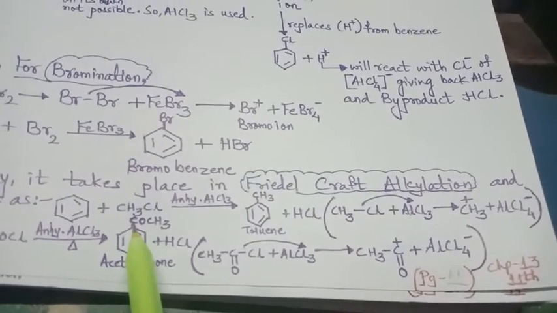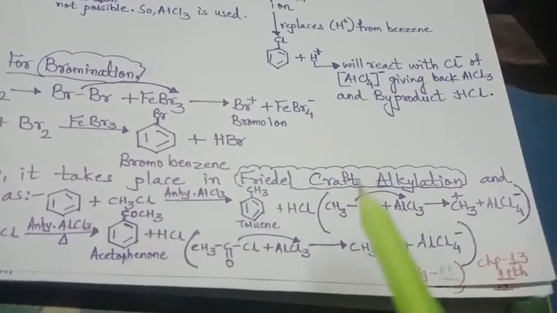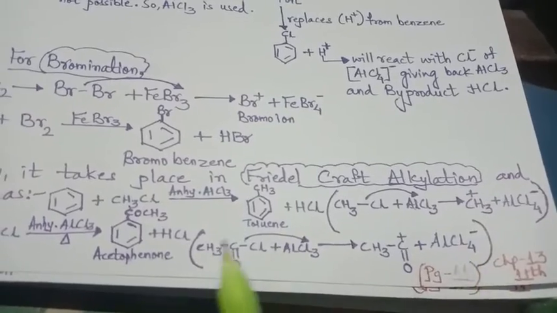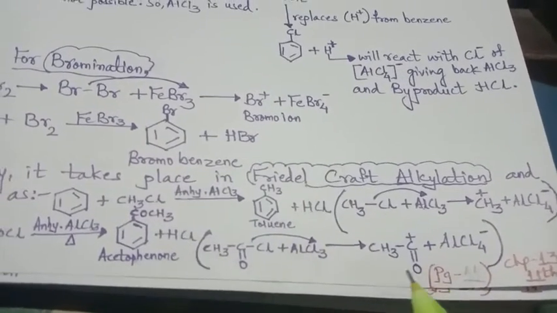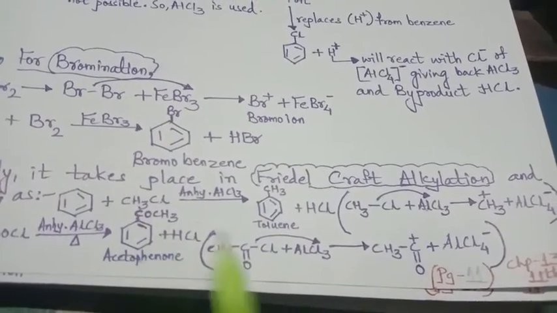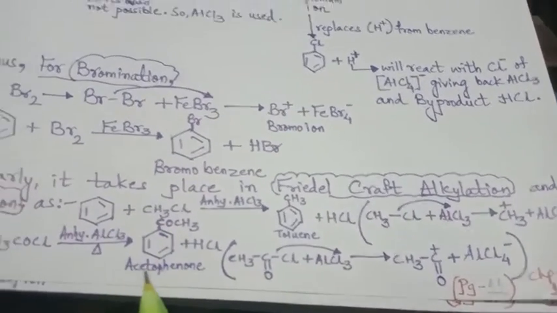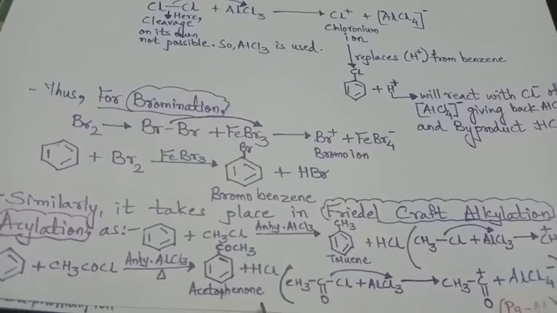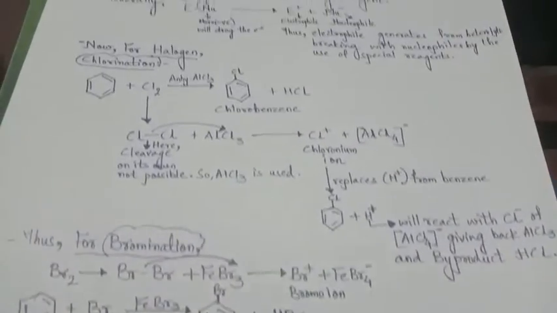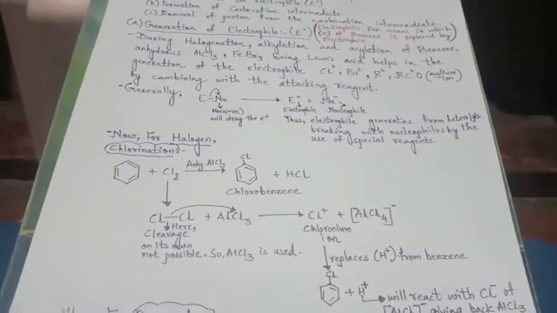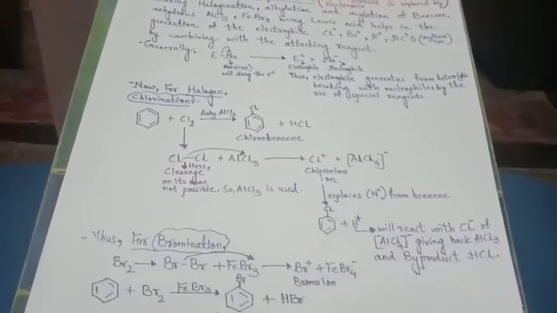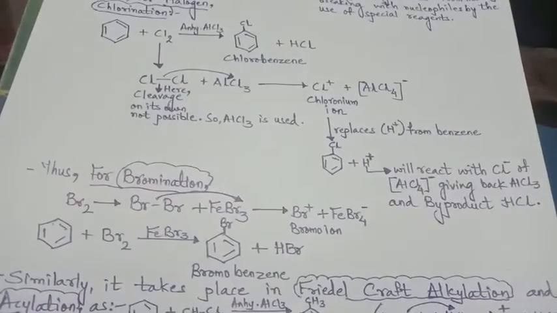It will be replaced and it will react with Cl here, and the byproduct is HCl, and here it will be COCH3. This COCH3 will be attached over here, which is considered the new product, that is acetophenone. So this is the mechanism of halogenation, Friedel-Crafts alkylation and Friedel-Crafts acylation.